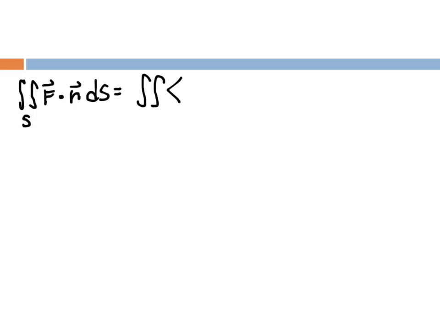All right, so let me write down what we're looking for and what we have so far. We're looking for the double integral over S of f dot product with n ds. And we have the vector f, which was given to us originally as 0, 1, y.